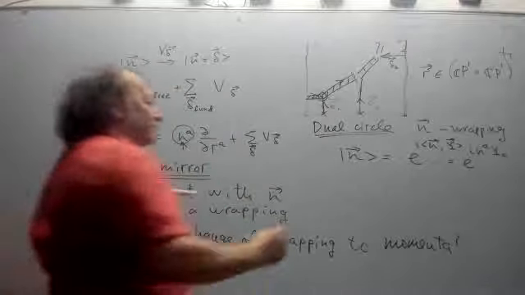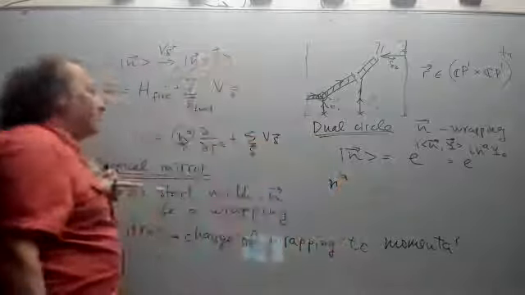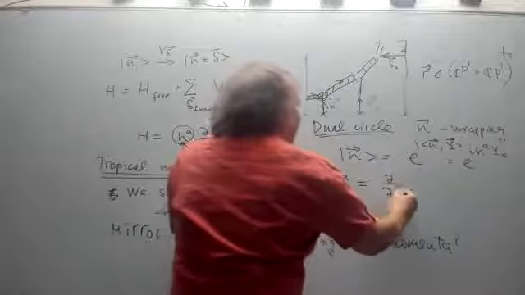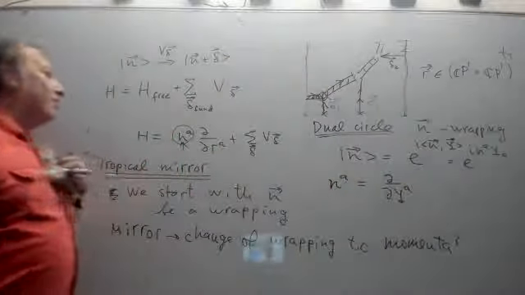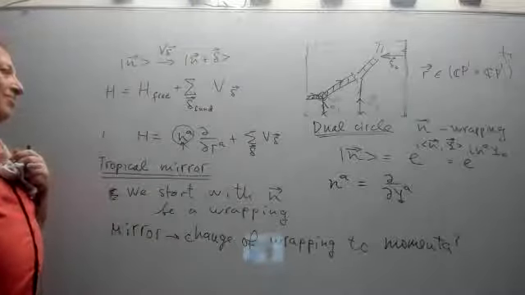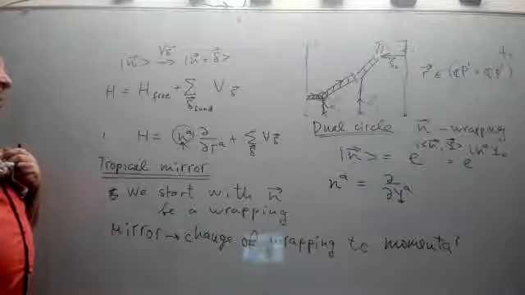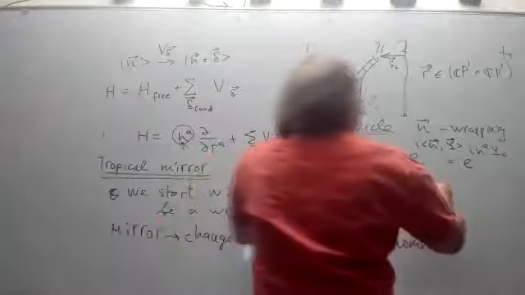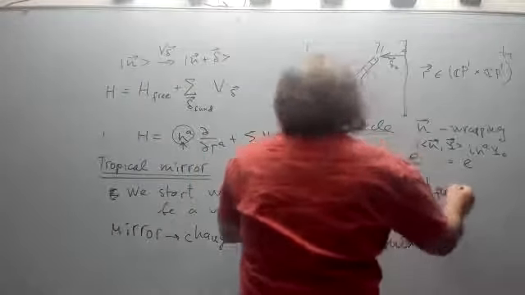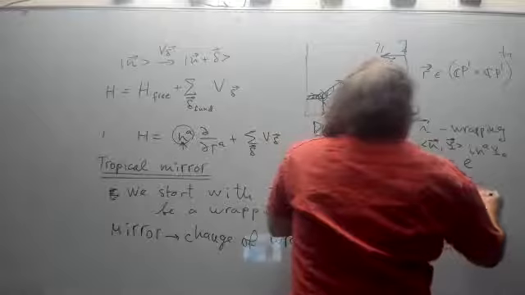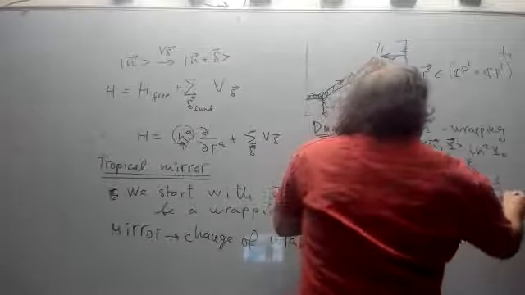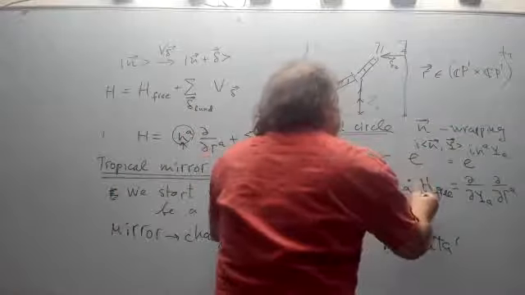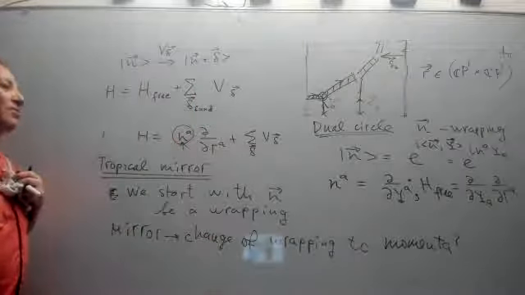N, of course, becomes d over dy. And the free Hamiltonian becomes d over dy, d over dr. So we see something interesting.